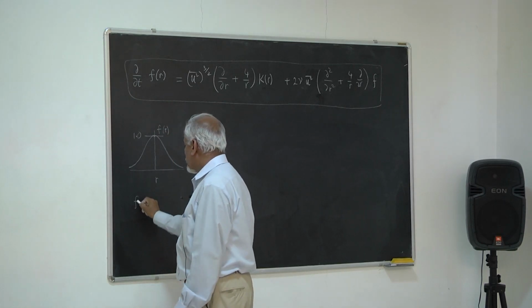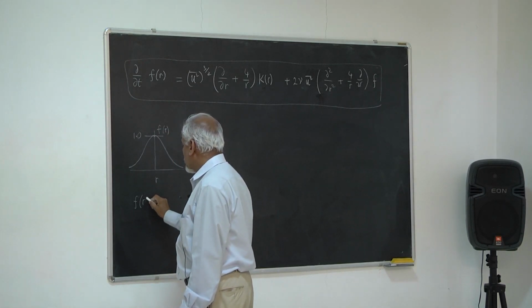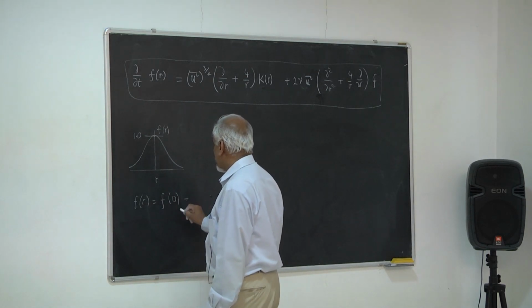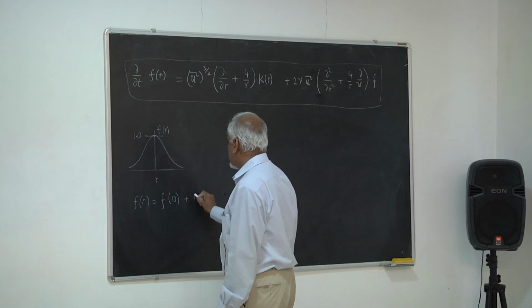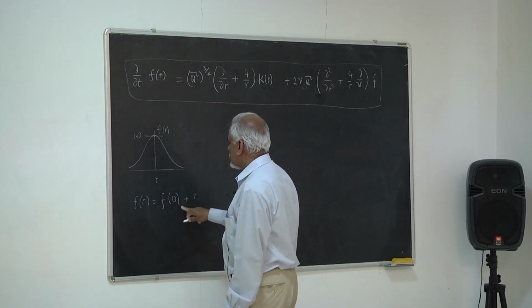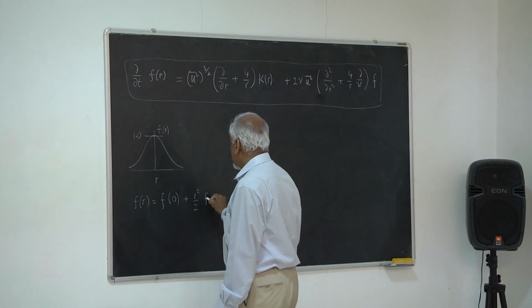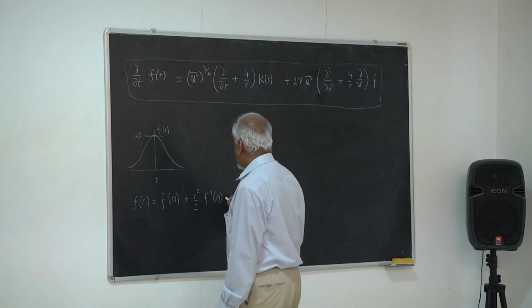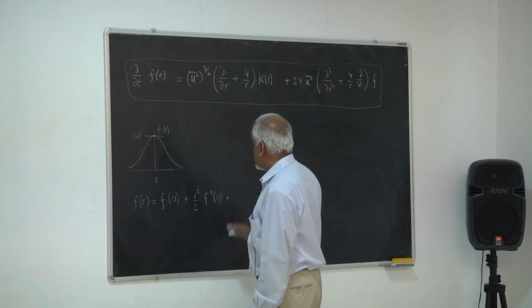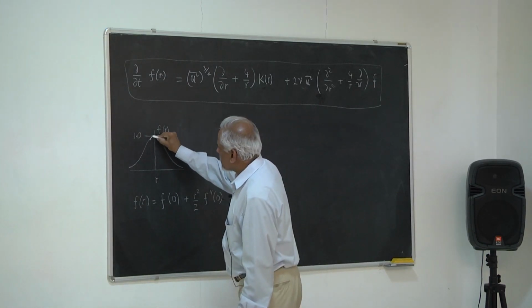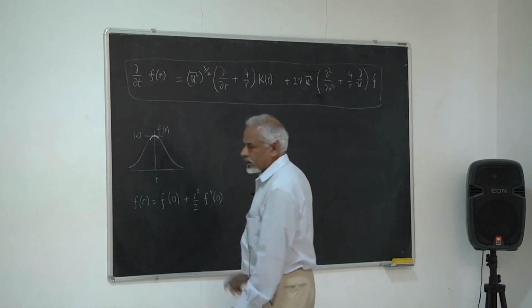So f at any r around r equal to 0 will be, the r term will be 0. I'm doing the Taylor expansion, r squared by 2, f double prime at 0, etc. I'm not going to worry about the other terms. I'm only going to stay in this vicinity, and something like that is possible.